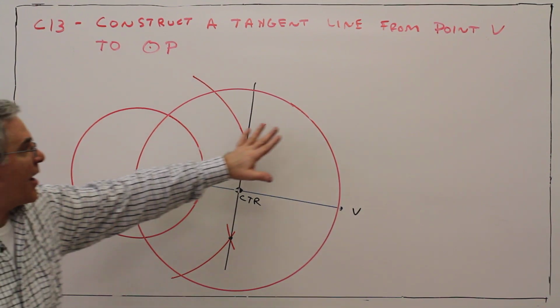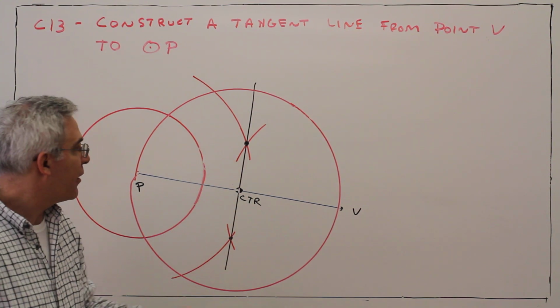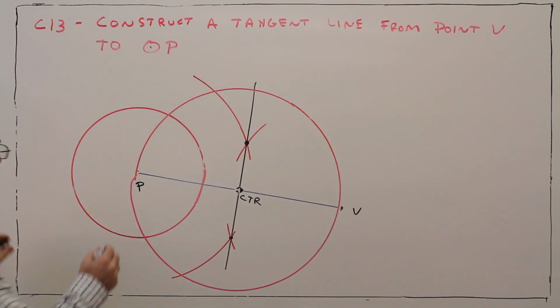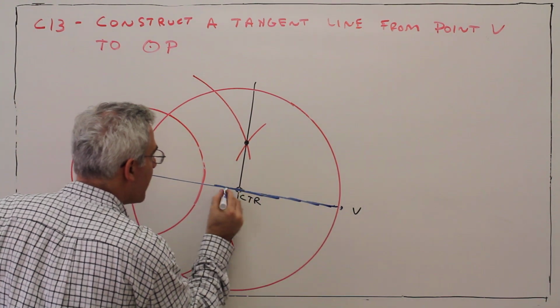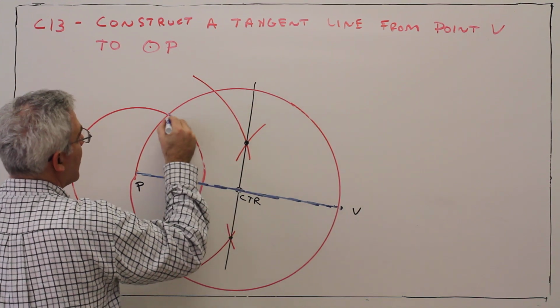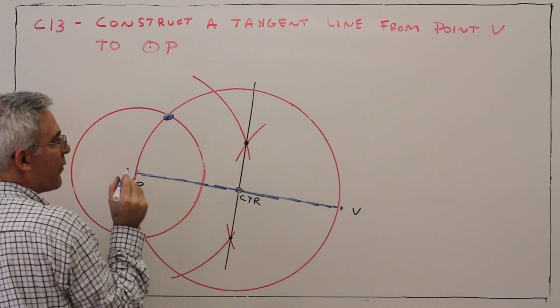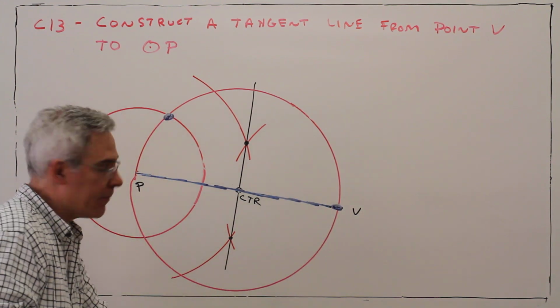All right, and it's this larger circle that's going to help us understand what's going on. So if I have a diameter here, I'll bold that for you. I've got a point here on the circle. I've got a point here.